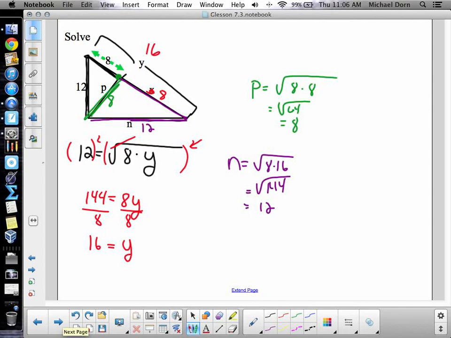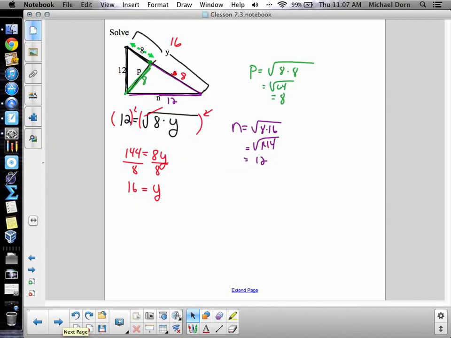So sometimes it's a little bit more work. We have to solve an equation with a variable under a radical. We can do that. That's something you've done before. Again, if you don't like this method, the alternative was to simply draw your triangles.